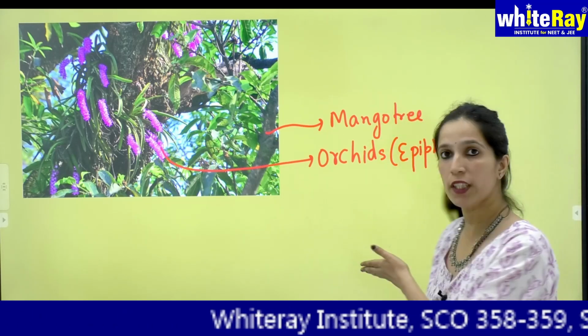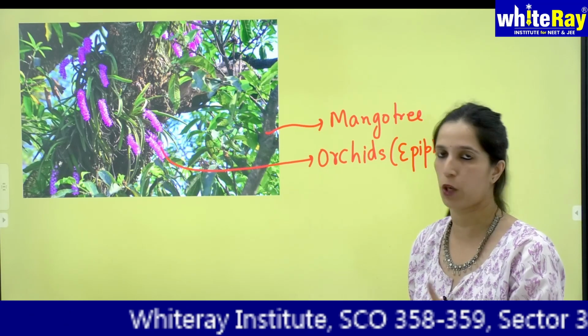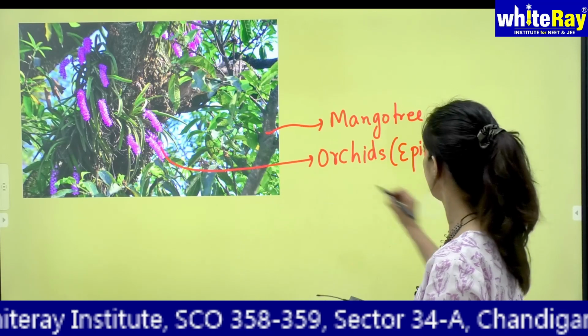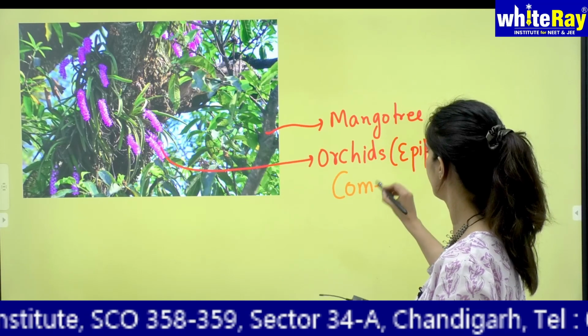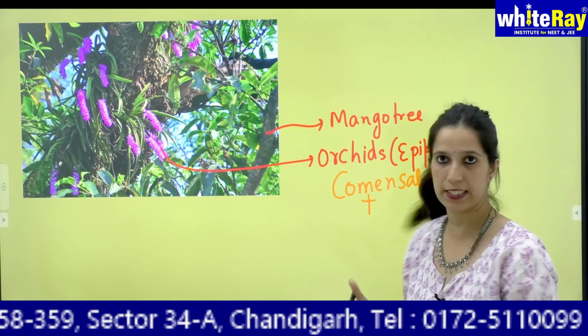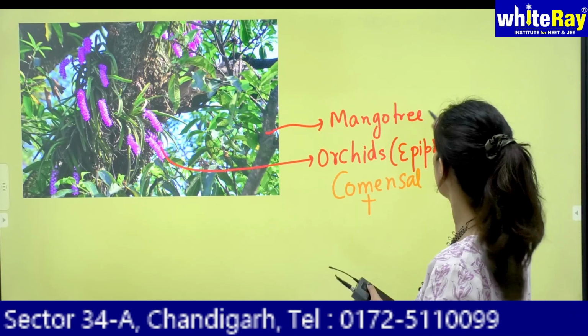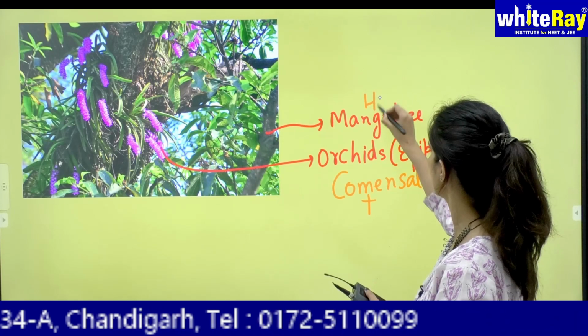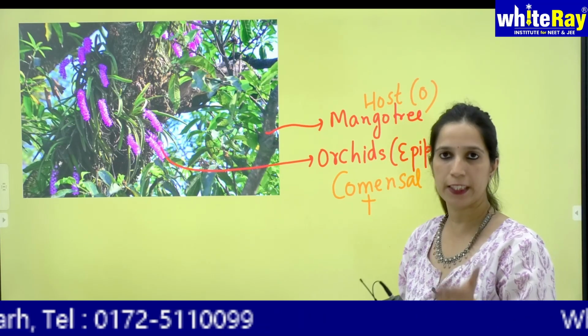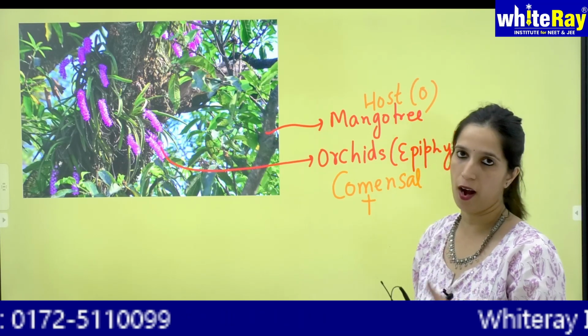So orchids on the other hand, they get shelter from the mango tree. So orchid here is a commensal. It is positive, means it is getting a benefit, and mango on the other hand is the host. 0. It is neither benefited nor harmed.